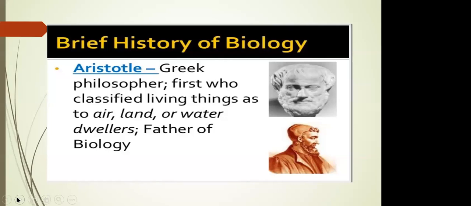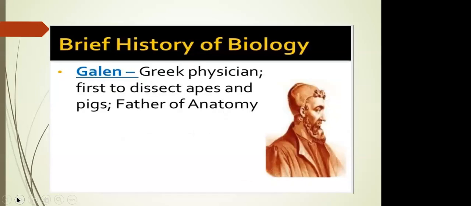Okay. Next, another scientist, Galen. He was a Greek physician, the first to dissect apes and pigs. What is meant by dissection? Dissect means to observe the internal organs of the organism. With the help of dissection, we can find the internal organs of organisms.